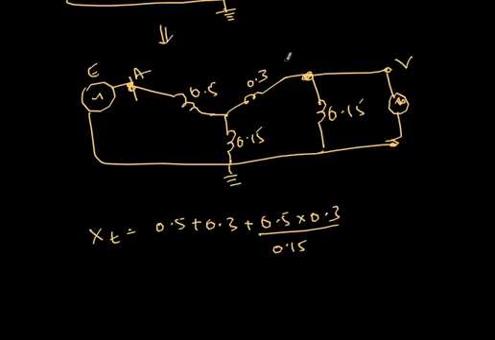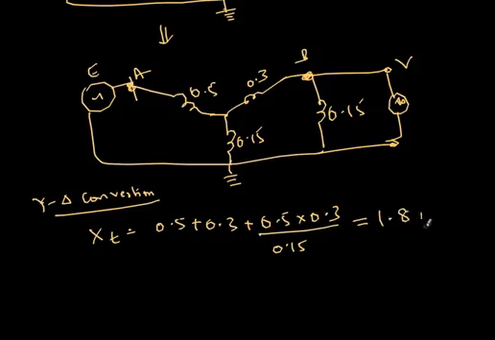If I say A and B, between A and B, this will be the match. So this is basically star to delta conversion. So this value, 0.5 plus 0.3 plus 0.5 into 0.3 by 0.15, turns out to be 1.8 per unit.